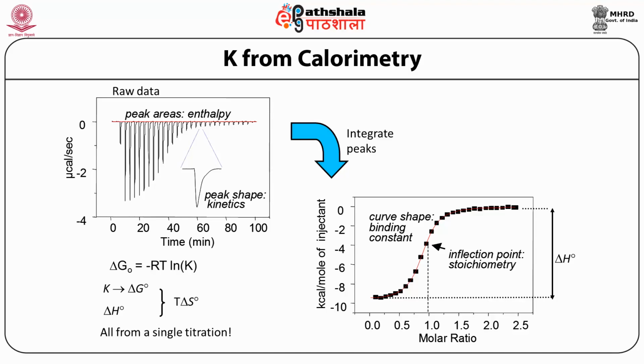process, and the peak shape, how sharp or how broad they are, actually talks about the kinetics of the process. Now when we integrate all the peaks and plot with the molar ratio of the ligand, we can find out this curve.